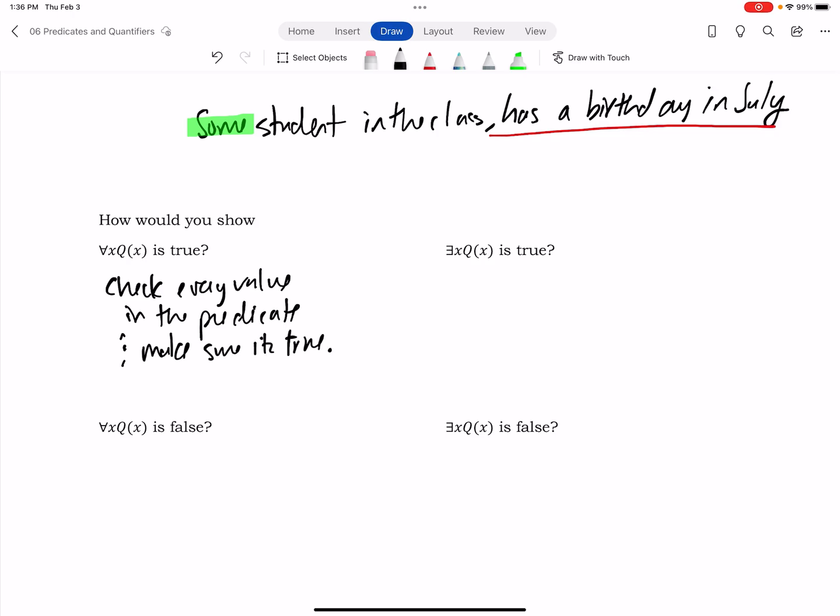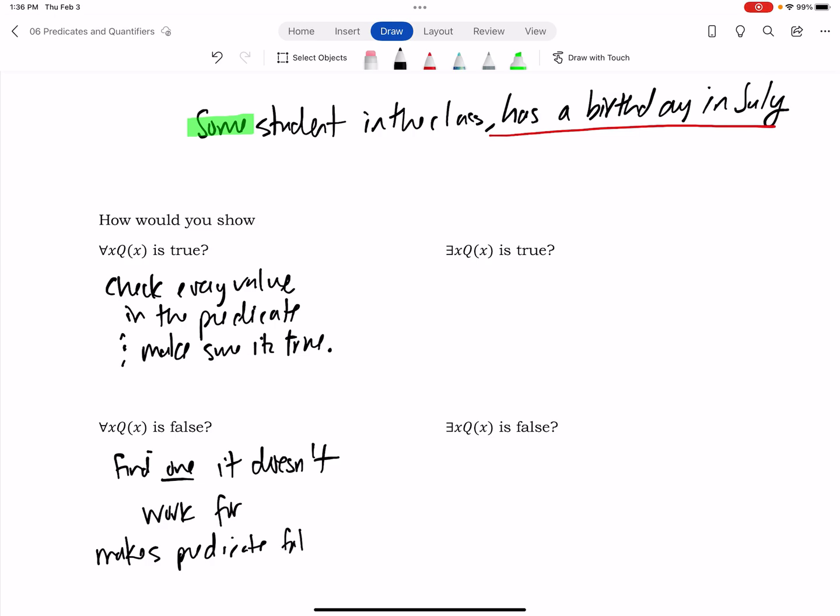That's really hard, right? Because if the domain comes from all the integers, you'd have to check an infinite number of things. So how would you show that for all x, Q of x is false? You find one it doesn't work for, or you find one value that makes the predicate false. When we say it doesn't work, we mean it makes the predicate false.